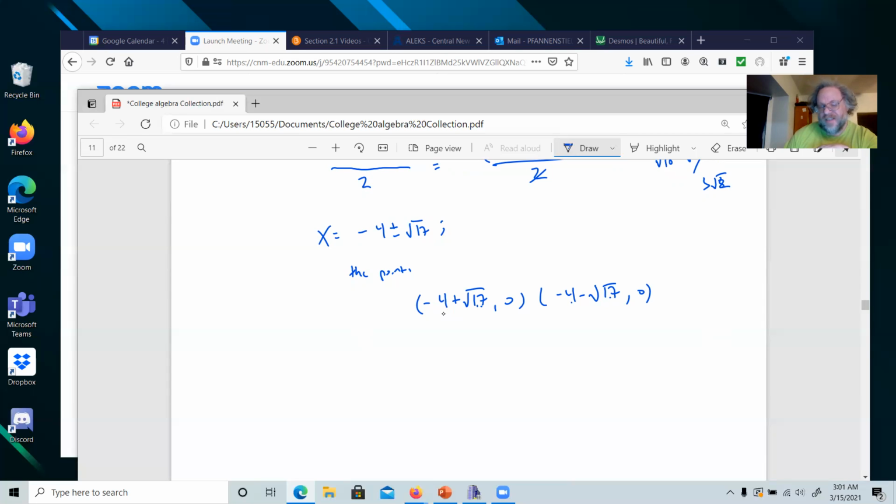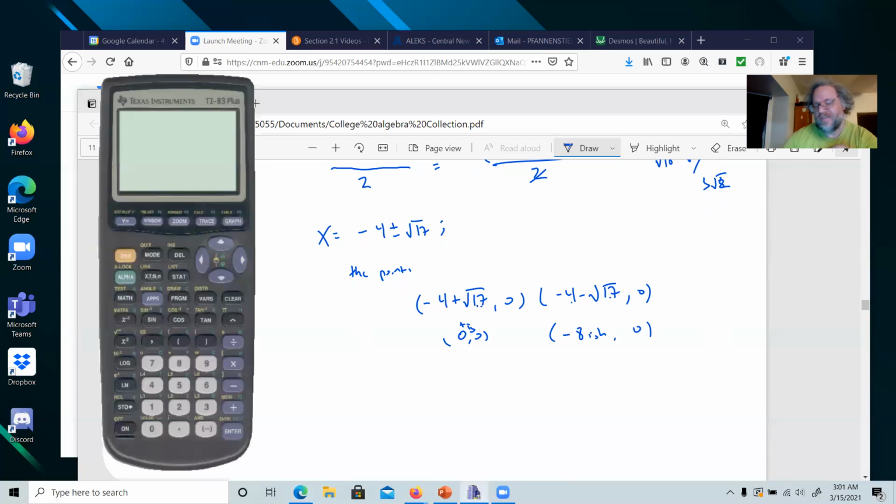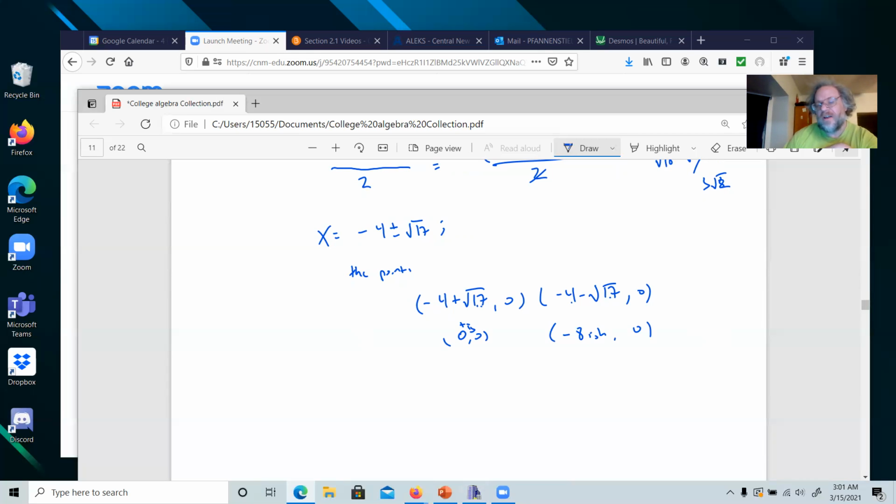So this is going to be like 0-ish, a little bit bigger, it's positive, 0 plus. And this is -8-ish, 0. So when we go to graph it, you would have an estimate, a ballpark. I mean, it's the 21st century, you have that at your beck and call. But you're standing there in front of a classroom, you're not going to quite have that. So it's nice to be able to estimate.